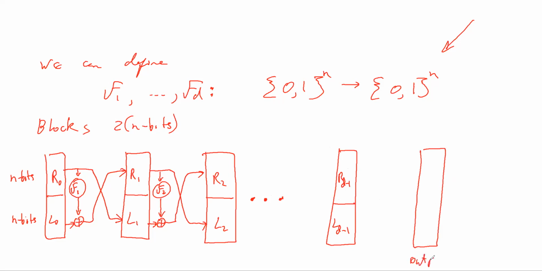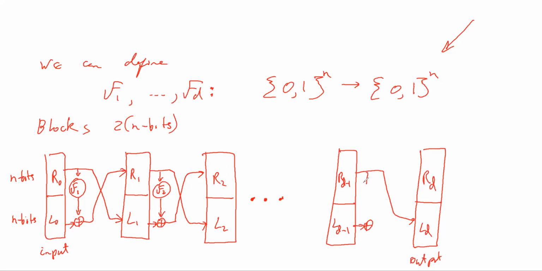So this is the output. This is going to be the input. On here, this RD, LD will allow us to slide down R d minus 1, and it becomes LD. Then to get RD, we need to XOR L d minus 1.